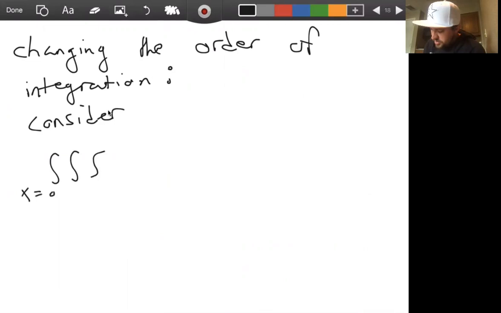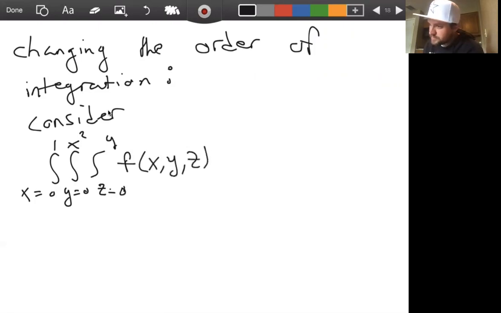X goes from 0 to 1, y goes from 0 to x squared, z goes from 0 to y, of some function, f of x, y, z. And let's say we're looking at dz, dy, dx.